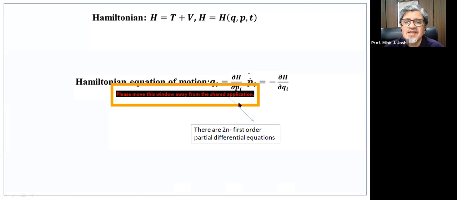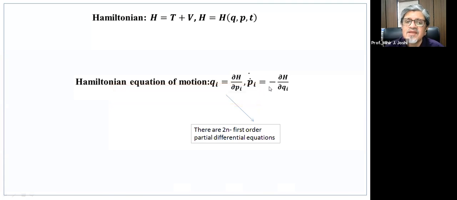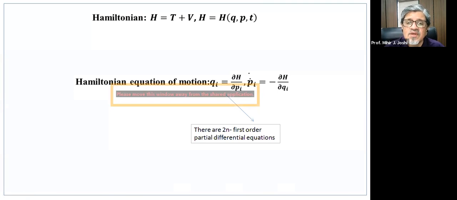You will notice that here there are two different equations. One equation has a plus sign, another equation has a minus sign. And these equations are for i from 1 to n. So n different equations, and again n different equations. So there are 2n first order partial differential equations.